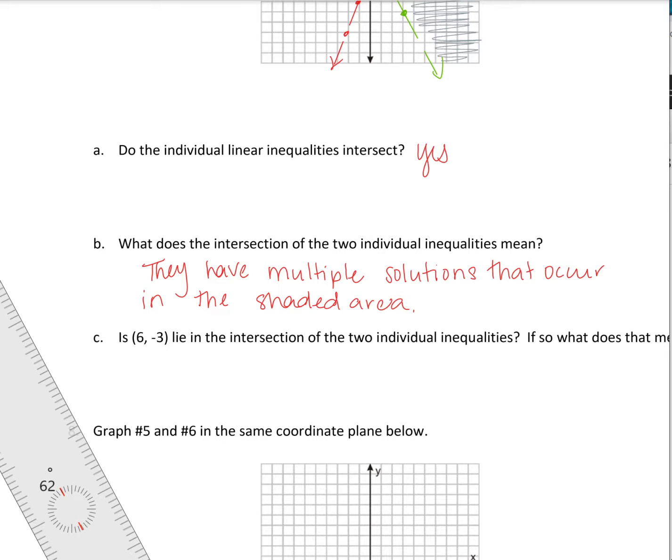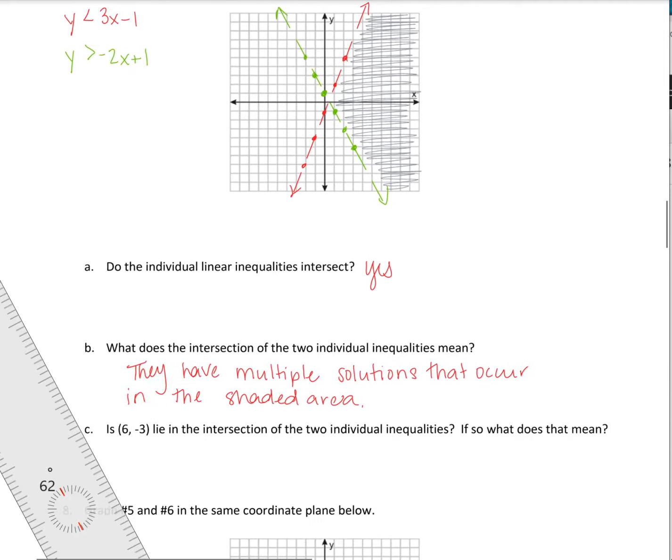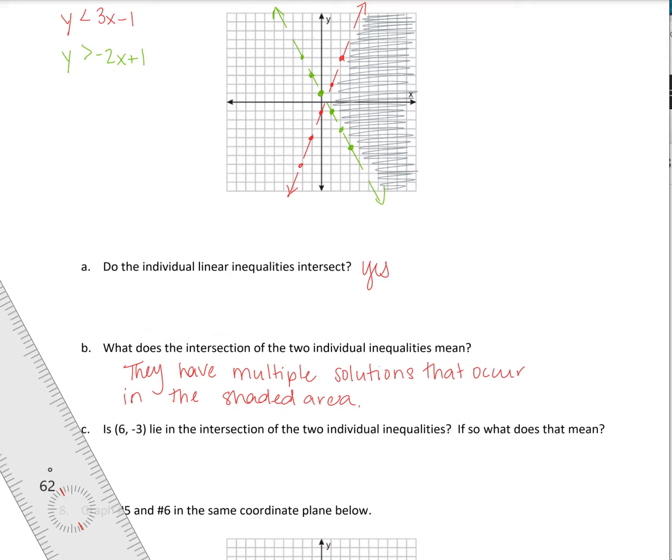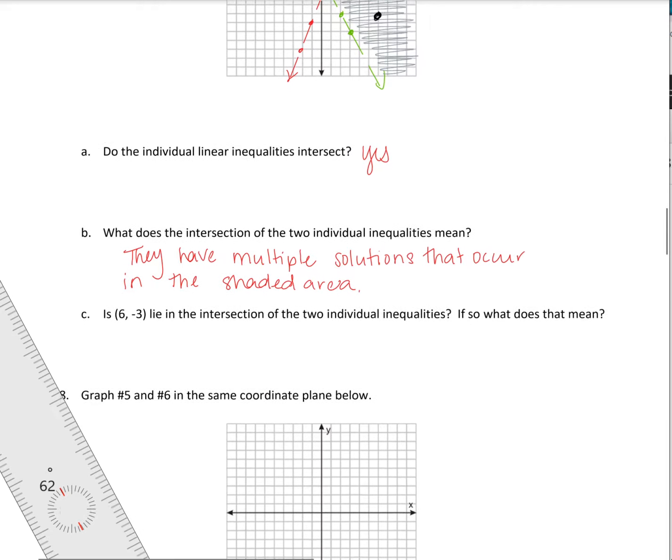Now it says, is (6, -3) in the intersection of the two individual inequalities? Well, in order to figure that out, we're going to have to graph it. So I have 6, 1, 2, 3, 4, 5, 6, down 3, 1, 2, 3. All right, (6, -3) is roughly there. Now, if that point occurs in the overlapping shaded area, then it is a solution.